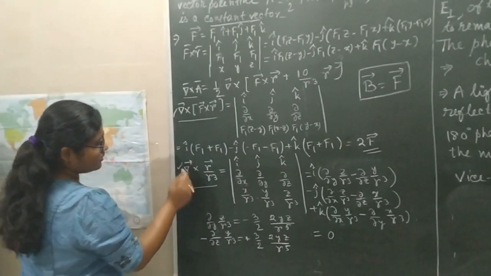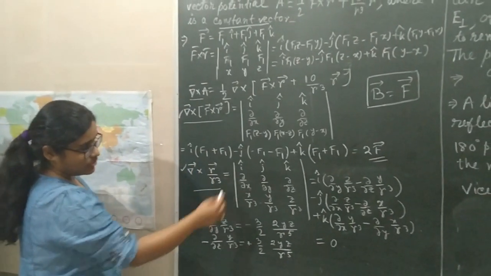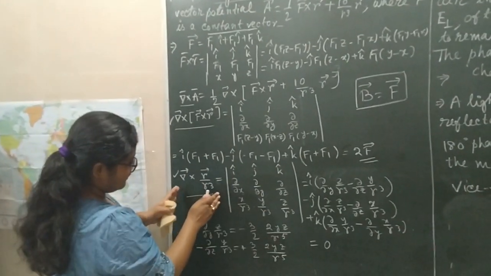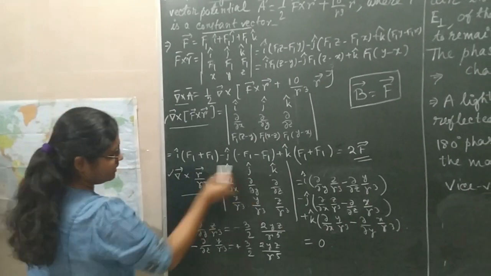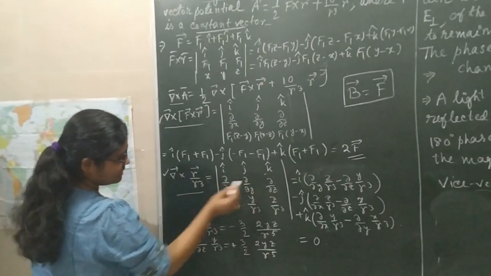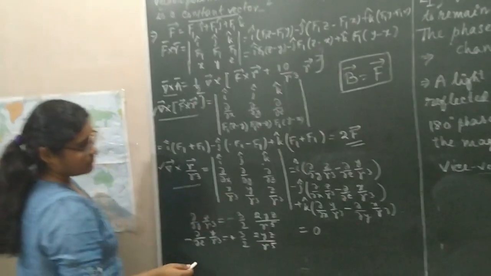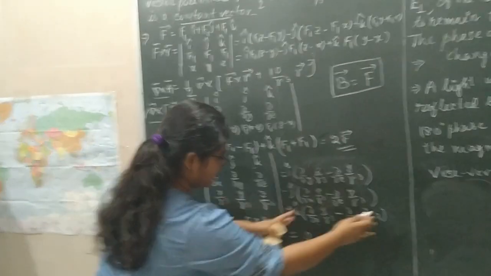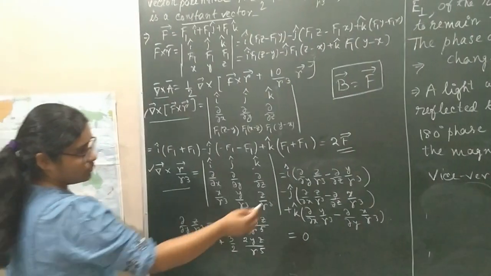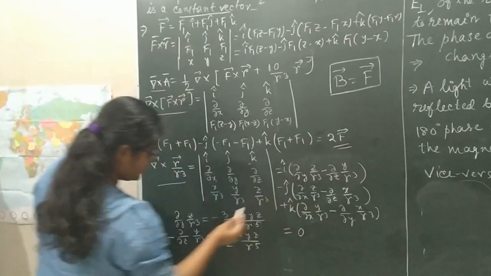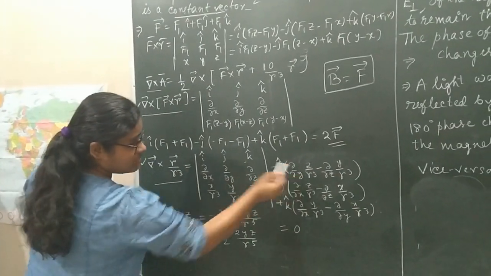Secondly, I take the curl of R vector by R cube. So I find the curl, that is i j k, del del x, del del y, del del z, and R vector by R cube is x by R cube, y by R cube and z by R cube, and I find the curl as 0. Just find one component along the I cap direction, that is del del y of z by R cube.